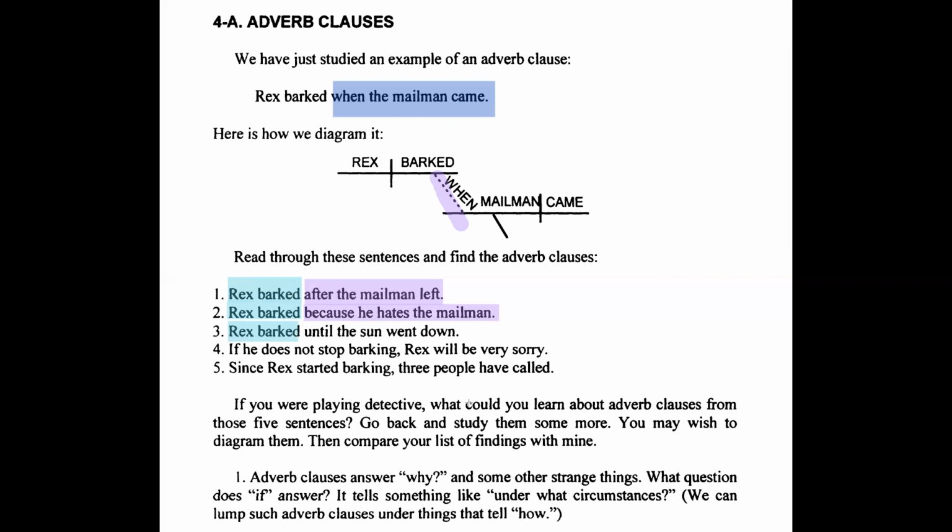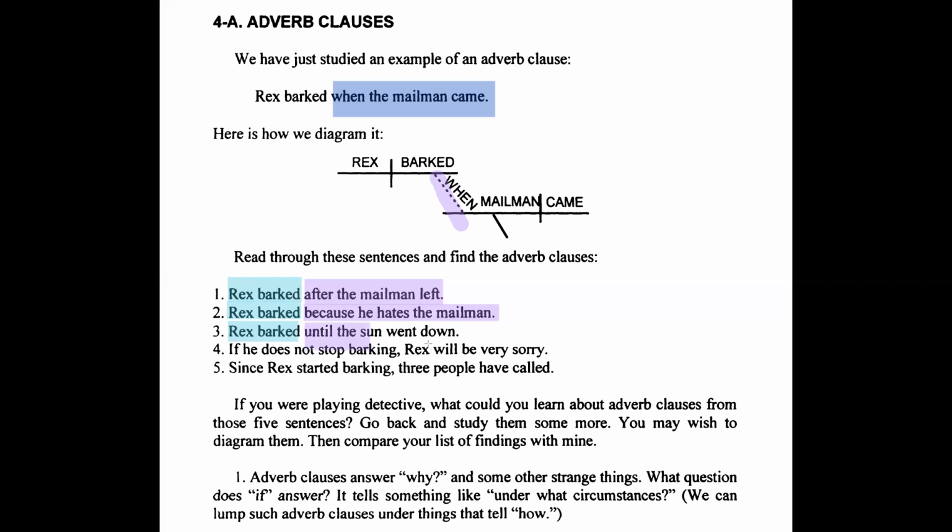Both of these have subjects and verbs. In the first one, after the mailman left, the mailman is the subject, left is the verb. Because he hates the mailman, he is the subject, hates is the verb, the mailman is our direct object. Then we have until the sun went down.